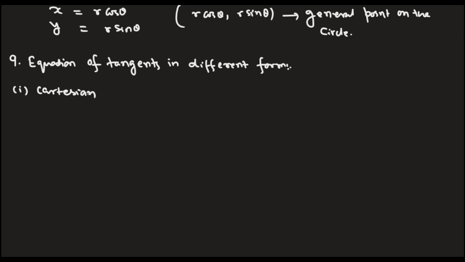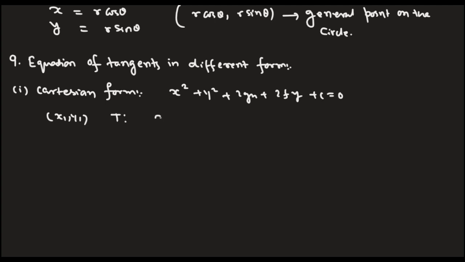Here I am going to explain that if you have the general form of a circle, x square plus y square plus 2gx plus 2fy plus c is equal to 0, then the equation of the tangent at the point (x1, y1) of this circle is x into x1 plus y into y1 plus g times (x plus x1) plus f times (y plus y1) plus c is equal to 0.